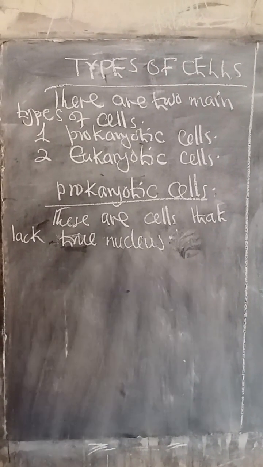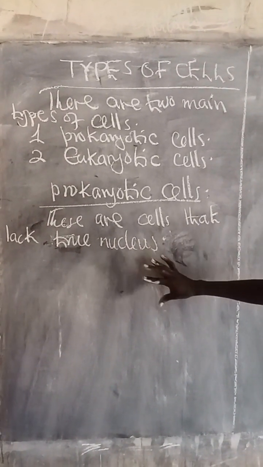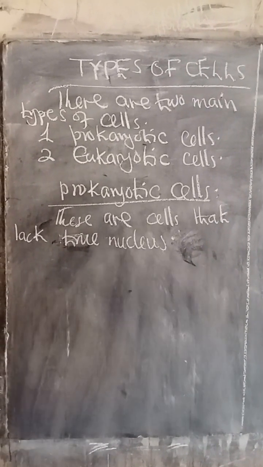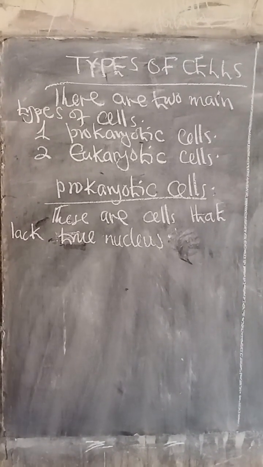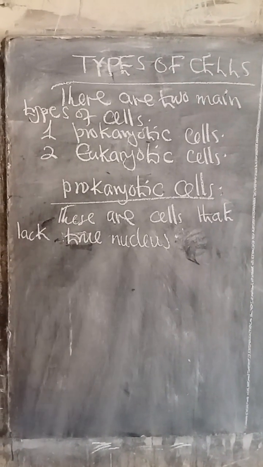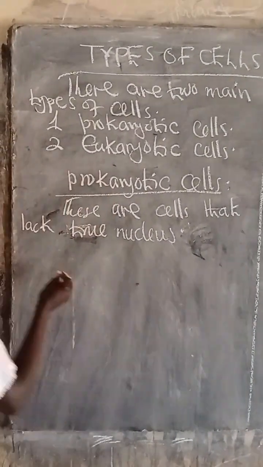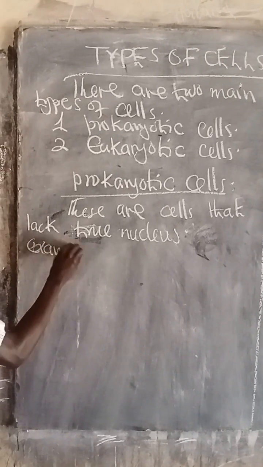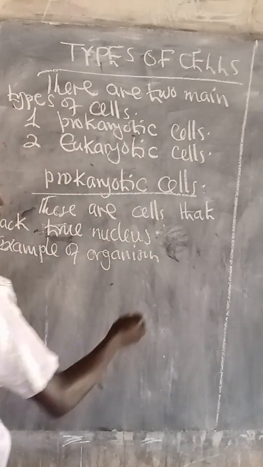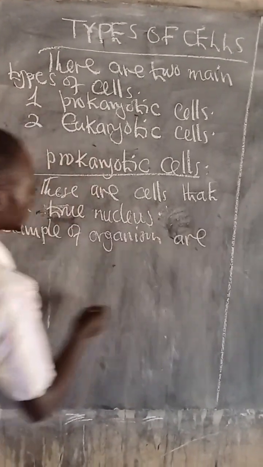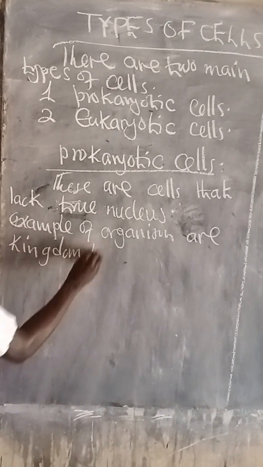Also, one of the things we can say about them is that they are the simpler form of cells. The reason is that they lack membrane-bound organelles, like mitochondria. Examples of organisms with this kind of cell are organisms in kingdom Monera.